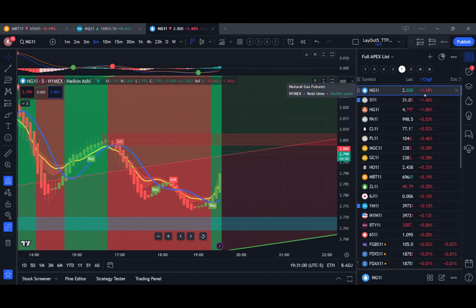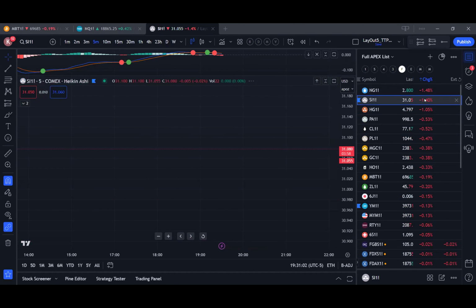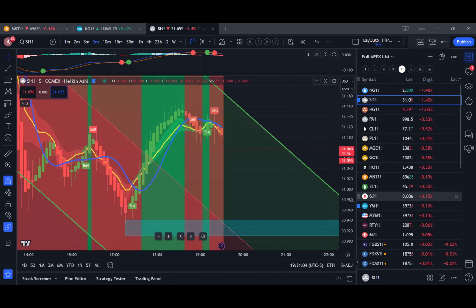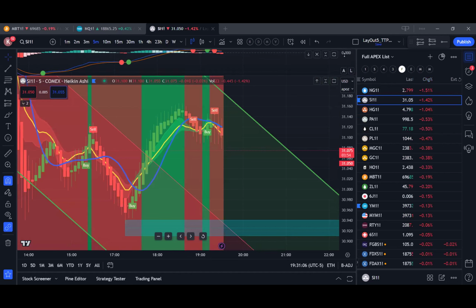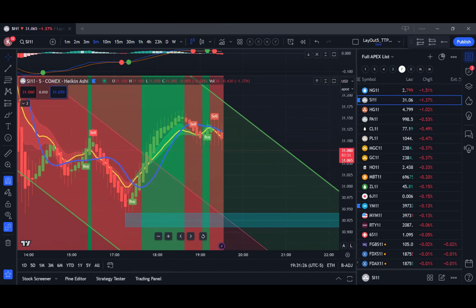So start with silver. Yeah, silver seems to be a good one for shorting.